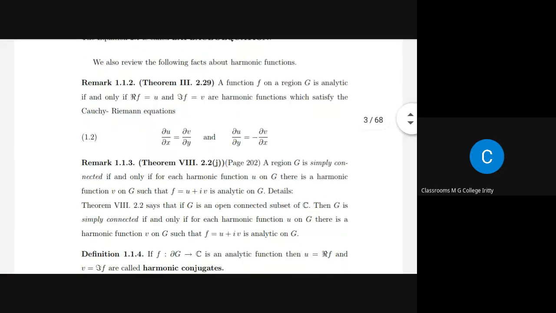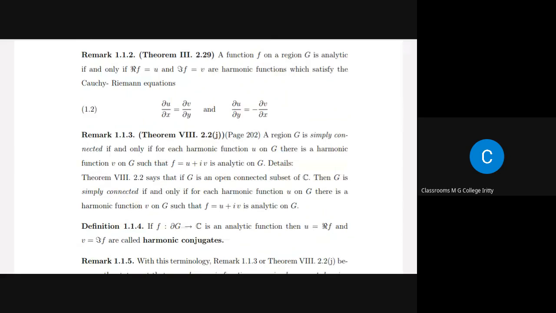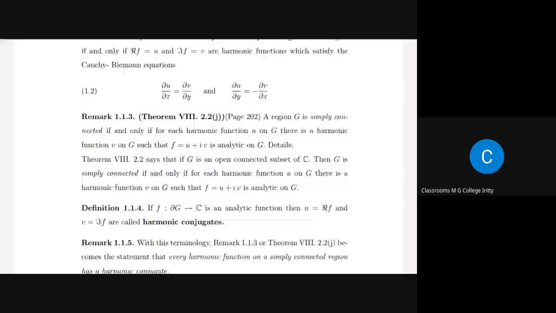The next remark says that a region G is simply connected if and only if for each harmonic function u on G, there is a harmonic function v on G such that f = u + iv is analytic on G. We have an open connected set G is simply connected if and only if every closed rectifiable curve in G is homotopic to 0.